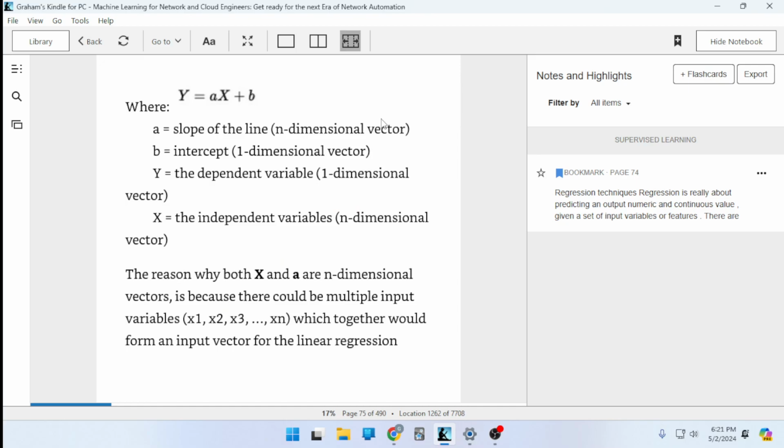The reason why both x and a are n-dimensional vectors is because there could be multiple input variables, x1, x2, x3, all the way up to xn, which together would form an input vector for the linear regression.